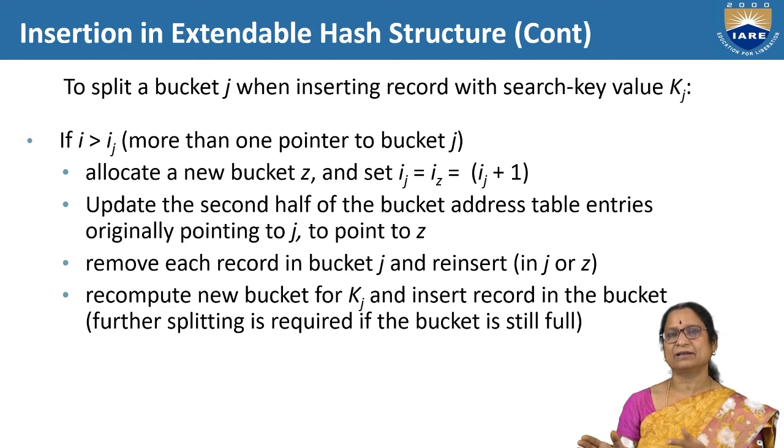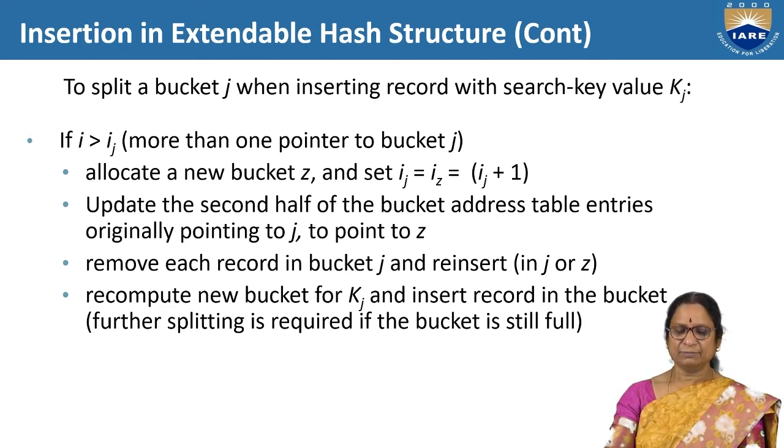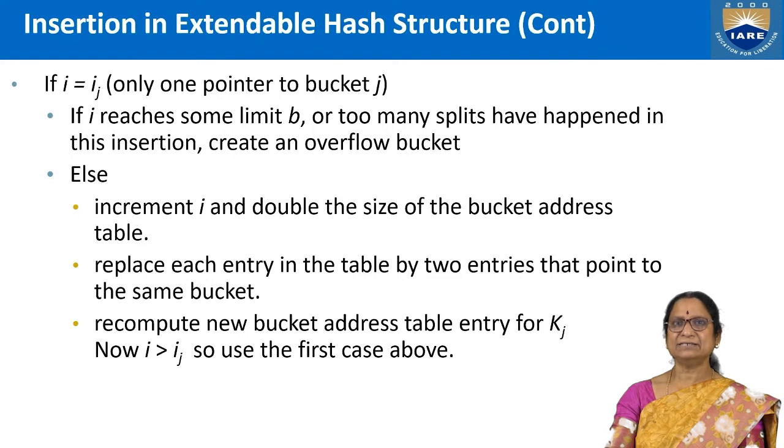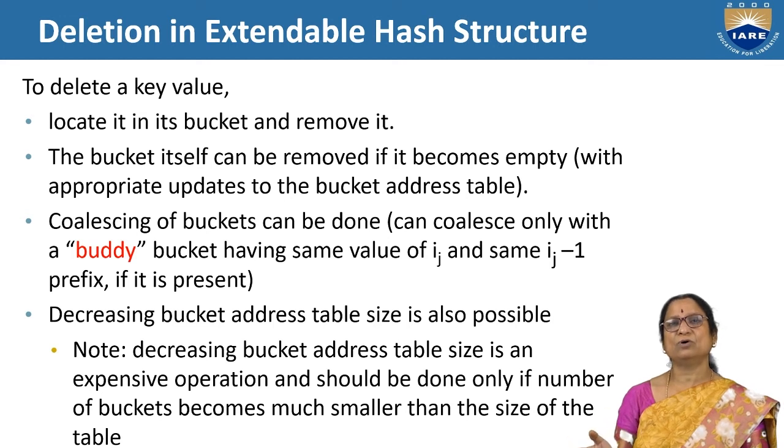So half of the bucket entries are moved to the new bucket. Remove each record in bucket J and reinsert the data. So while inserting, we have to make space. Making space is nothing but adding an overflow bucket or splitting the existing bucket into 2 buckets and giving it another address.